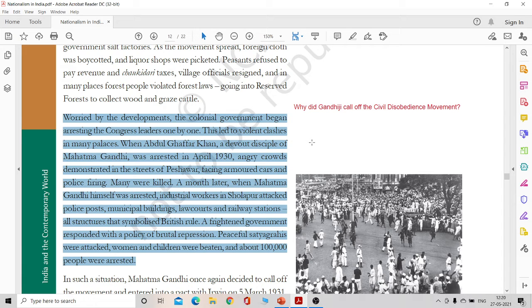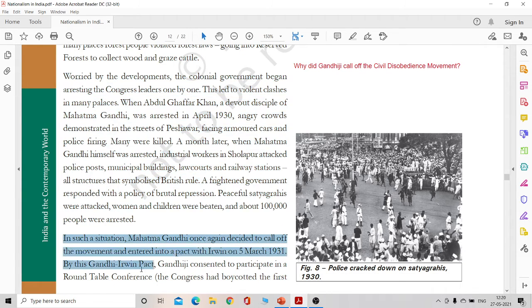Industrial workers in Sholapur attacked police posts. So it was becoming very violent in nature. And peaceful satyagrahis on the other end were brutally repressed. Women and children were beaten, and at least 100,000 people were arrested. And in this situation, Mahatma Gandhi decided to call off the movement, and this resulted in the Gandhi-Irwin Pact.